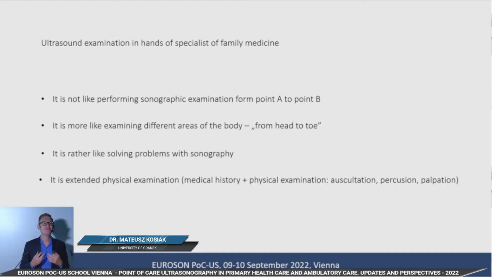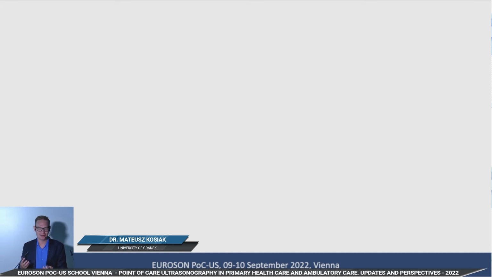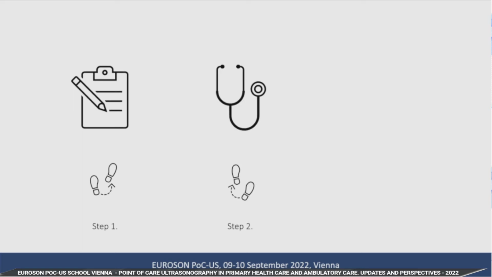You need to be good at taking medical history and physical examination. It's not like we take our transducer and go to the patients. Don't forget the steps like medical history, physical examination, and then the sonographic examination, because then it will fulfill your diagnosis. Does it sound nice?